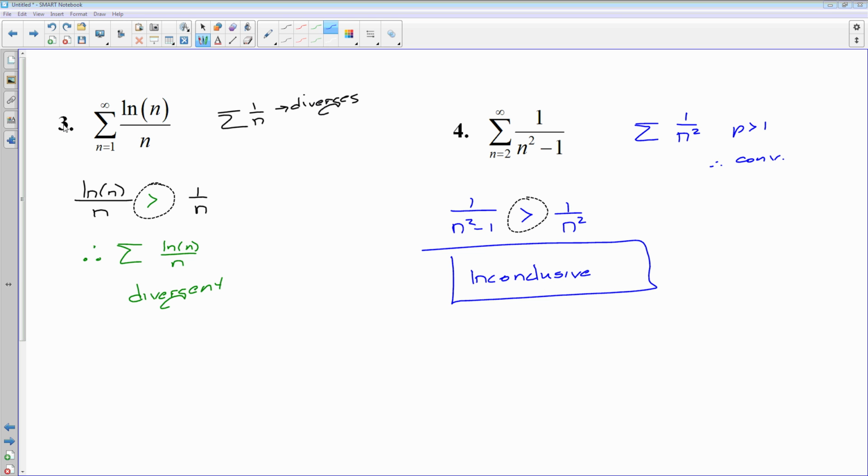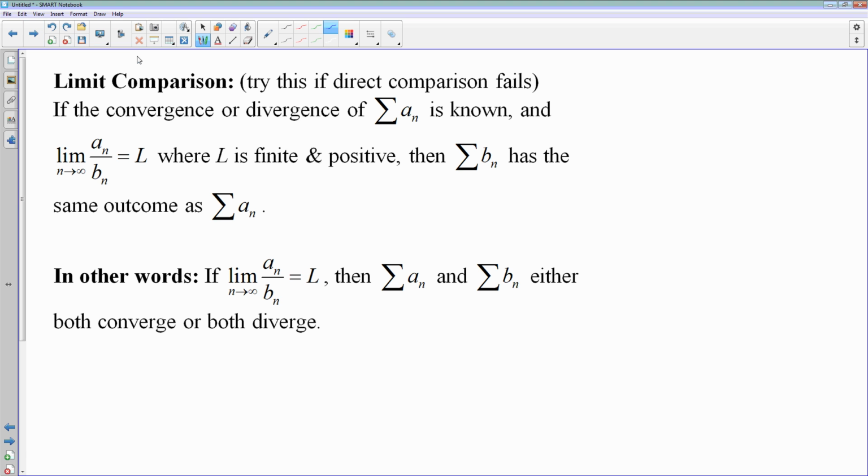So let's look at the limit comparison test. Your limit comparison test is a little bit wordy, but it starts off with a series that you either know the convergence or divergence. It could be either one. Like the harmonic series, we know divergence, or P series, where we can very easily tell if they converge or diverge. The trick to this one is, instead of just doing a straight comparison of A sub n and B sub n, we'll do the limit of their ratios.